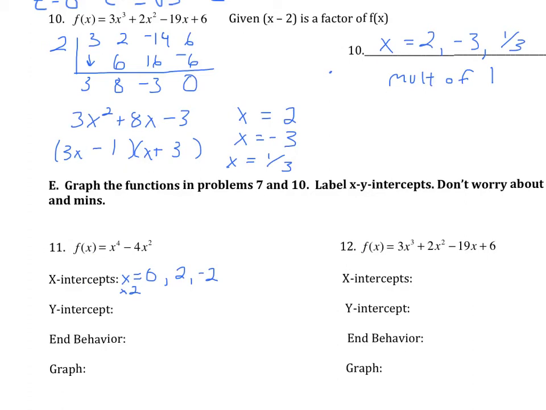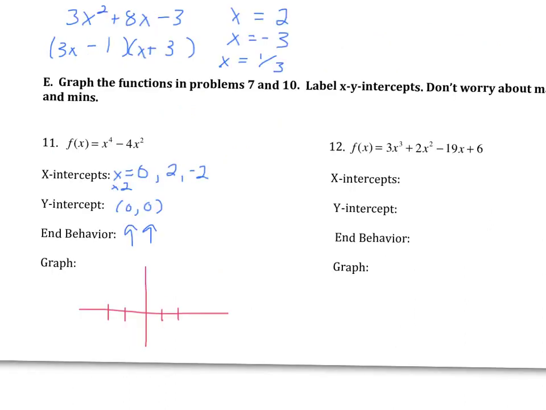To find the y-intercept, we just plug in 0, so we'll get 0 for our y-intercept. Our end behavior, since we have an even degree and it's positive, the two ends of our graph should end up.